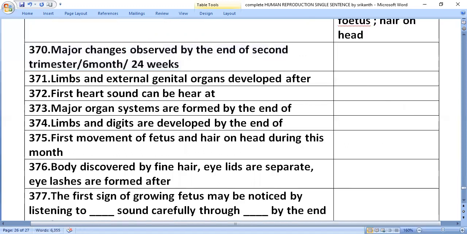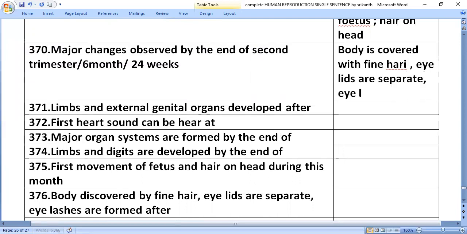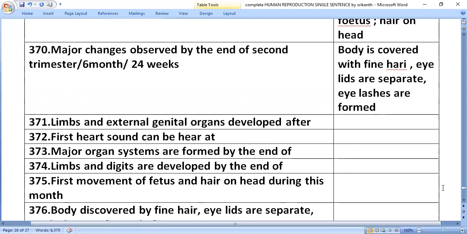Major changes observed by the end of the second trimester, or sixth month, or 24 weeks: the body is covered with fine hair. Eyelids are separate, and eyelashes are formed.